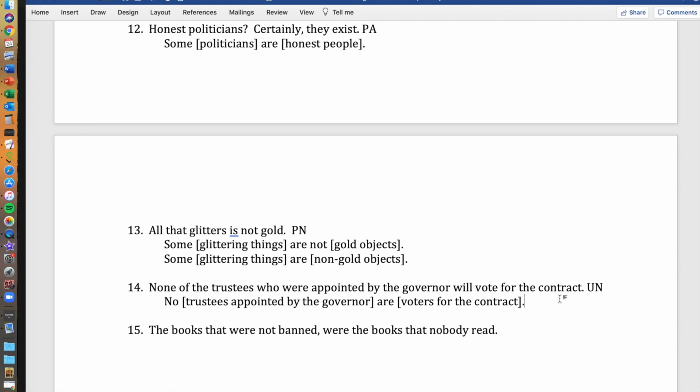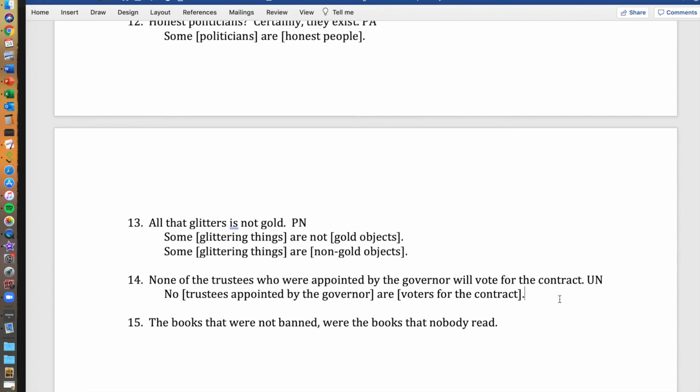Or again, you can use a different expression as long as it's clear that we're talking about the same predicate term. So universal negative. And again, because this is a universal negative, you could, if it came out that way, convert the statement. You could say no supporters of the contract are trustees appointed by the governor, and that would be equally correct.